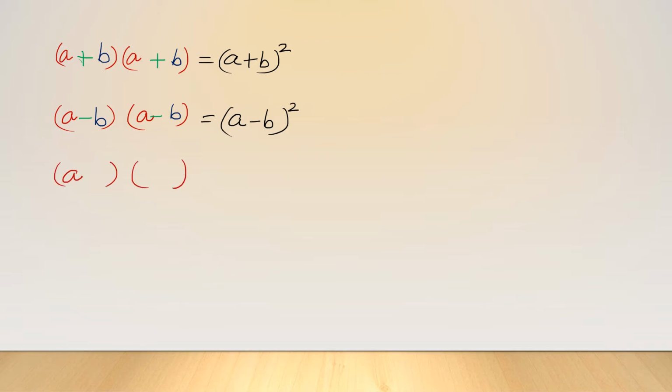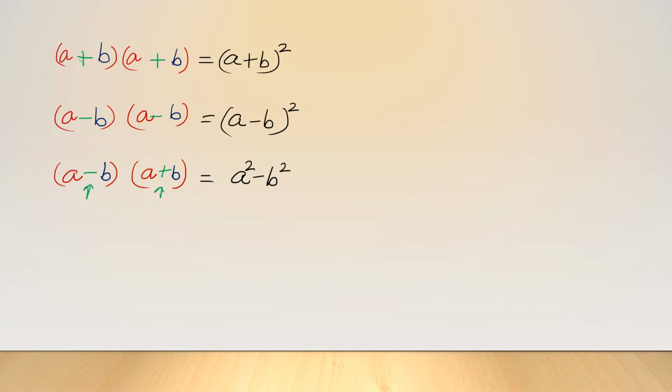The first term of both the brackets is same. The second term, again, they are same. And there is one positive sign and one negative sign. Suppose here we have a negative sign and here we have a positive sign. That is, these two signs are opposite. Then we apply the identity a square minus b square.